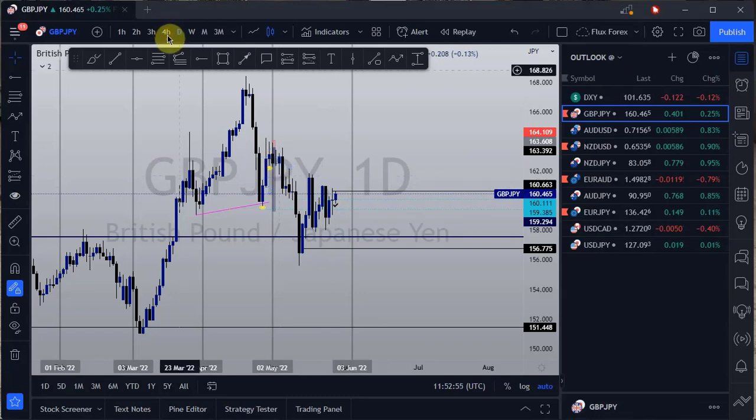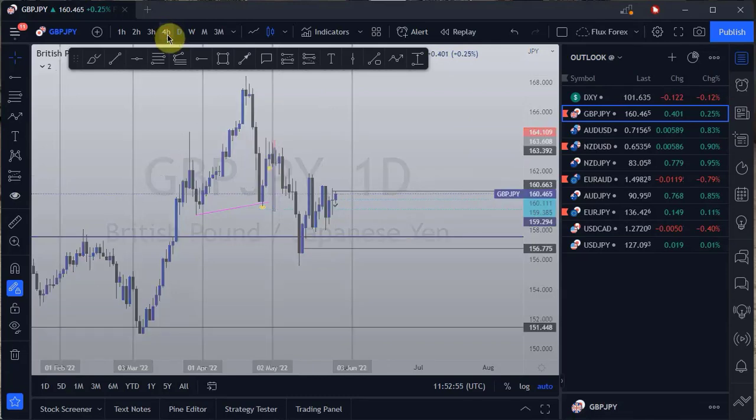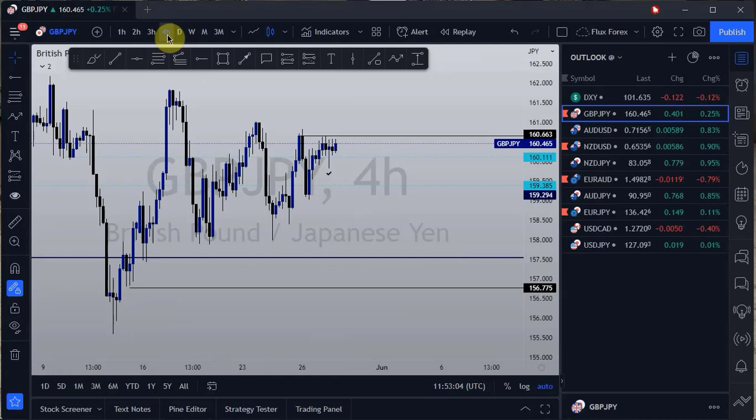Going into this week, I'll be looking for bearish setups on GBPJPY. But once this high gets broken, I'll look at how price is going to react when it gets here.